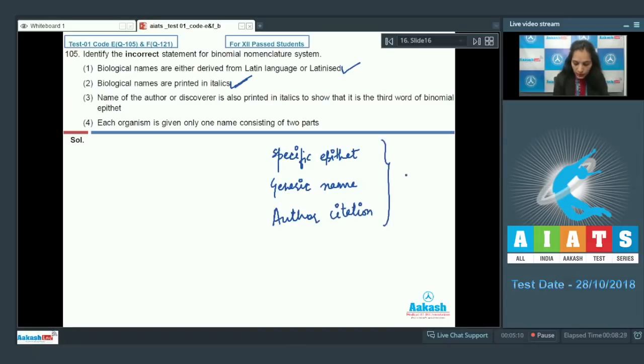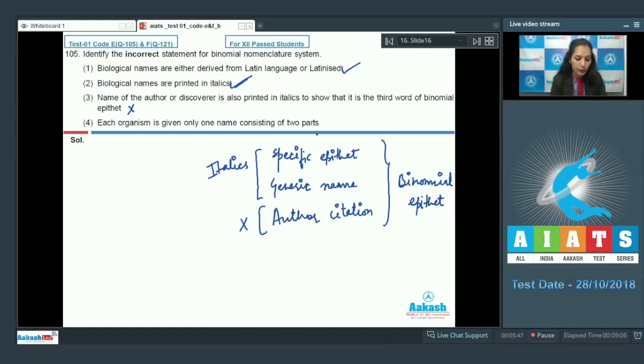Together they constitute the binomial epithet. The specific and generic names should be printed in italics, not the author name or the author's citation. So this is the incorrect statement.